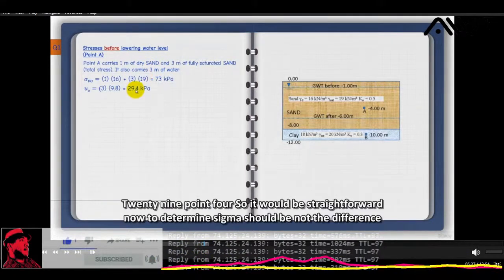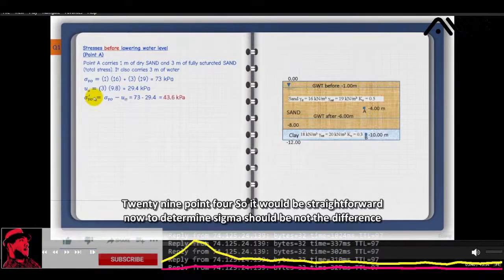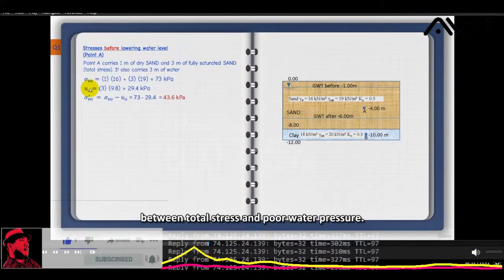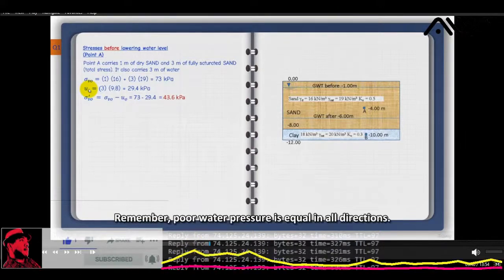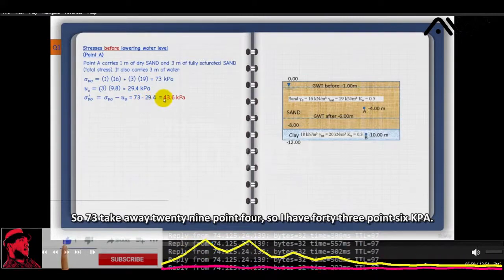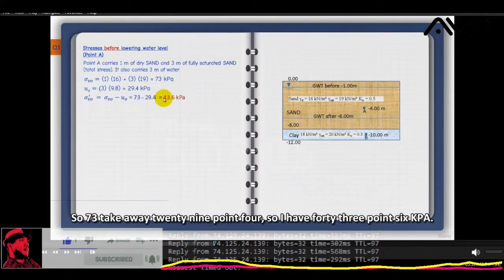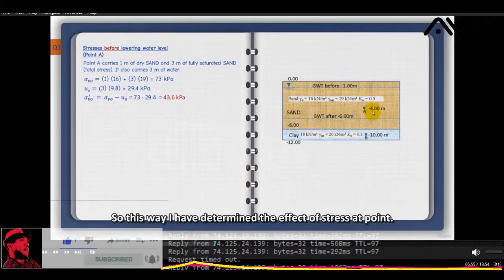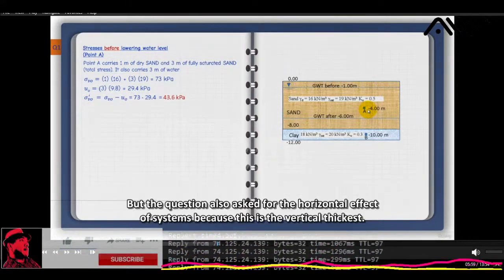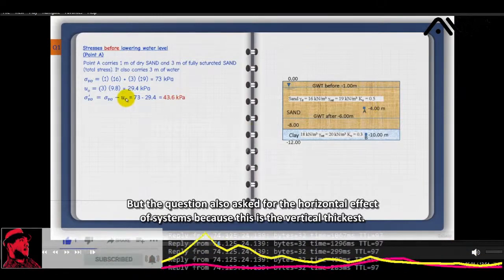29.4. So it is straightforward now to determine sigma dash V naught, the difference between total stress and pore water pressure. Remember, pore water pressure is equal in all directions. So 73 take away 29.4, and I have 43.6 kPa. This way I have determined the vertical effective stress at point A. But the question also asks for the horizontal effective stress.